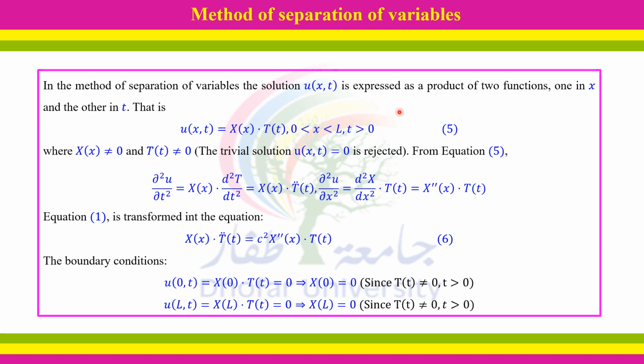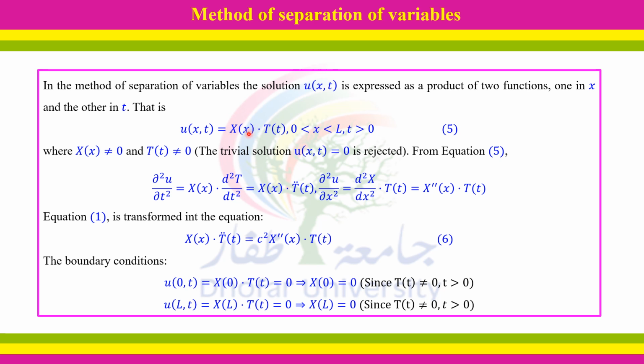Now from equation 5, in which we separated the variable x from the variable t, when we look at the second derivative of u with respect to t, we see that the function x of x will be dealt with as a constant.